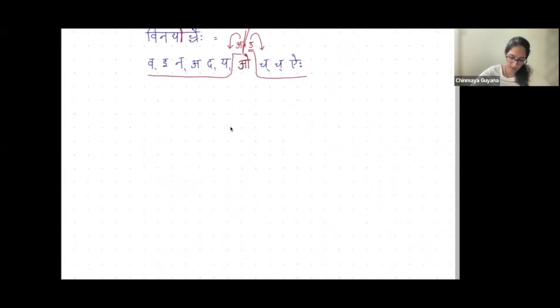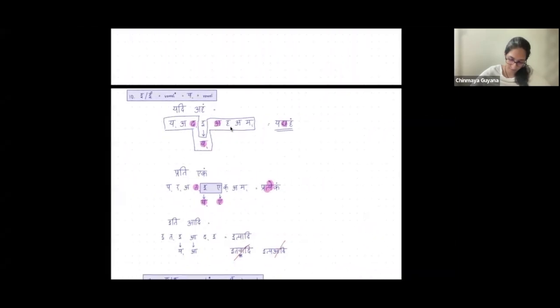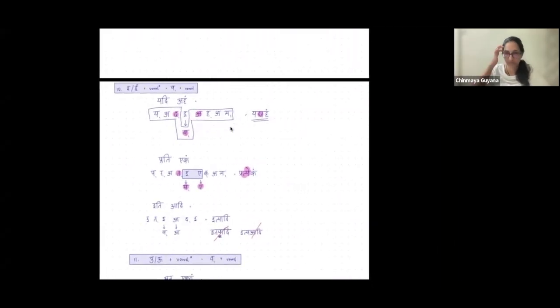Rule number 10. 11. I or E plus a vowel equals ya halant plus a vowel. O or U plus vowel equals va halant plus vowel.